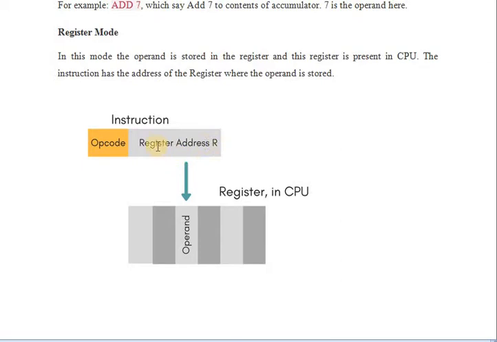The instruction has the address of the register where the operand is stored. Clearly understand this concept. So this is register mode, the second mode.